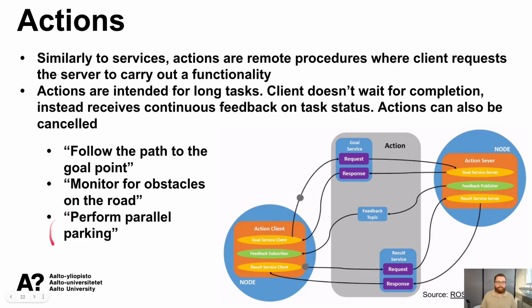Or it could be performing parallel parking. So this is a defined functionality, which still requires quite a bit of time, and also the client should remain active, doing other things such as possibly reading some sensor information, decision making, or so on.